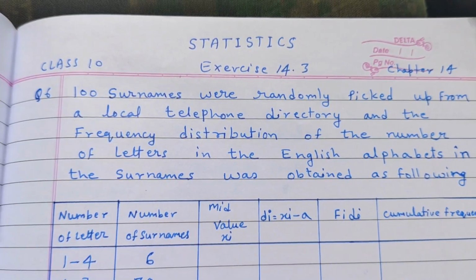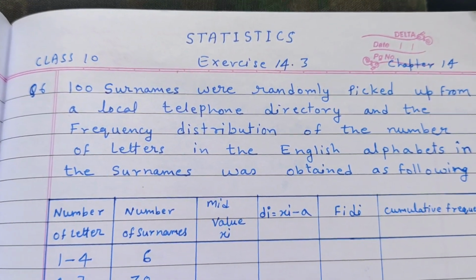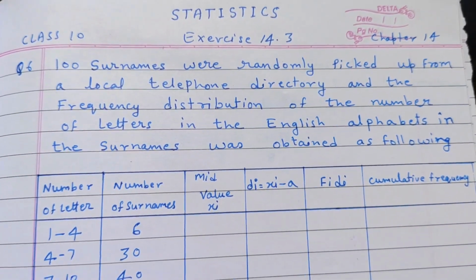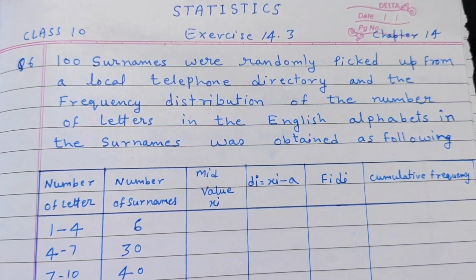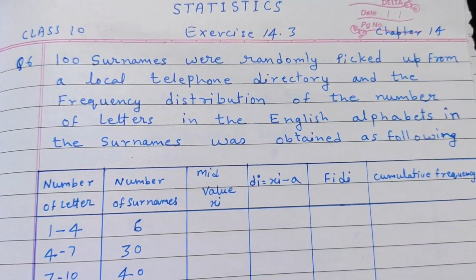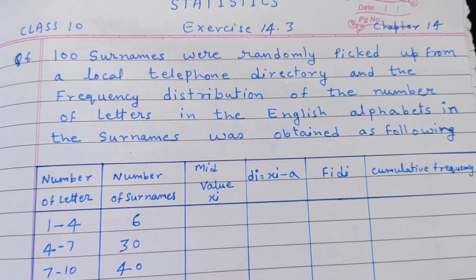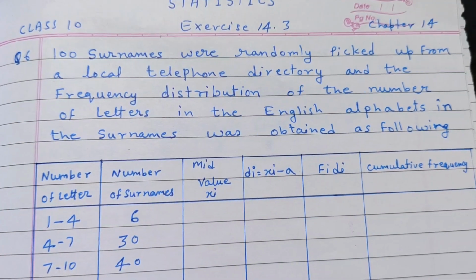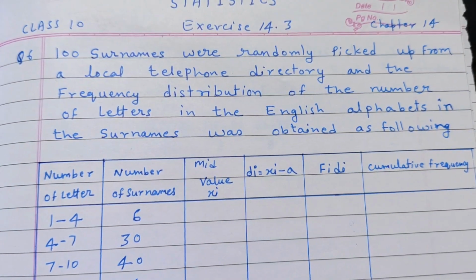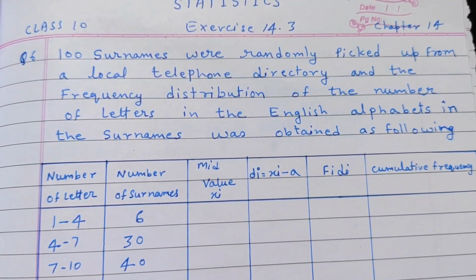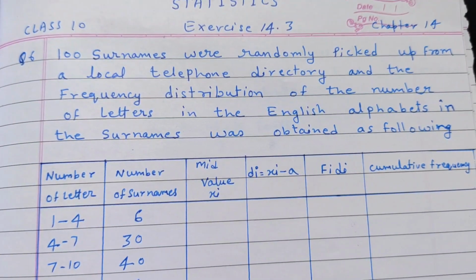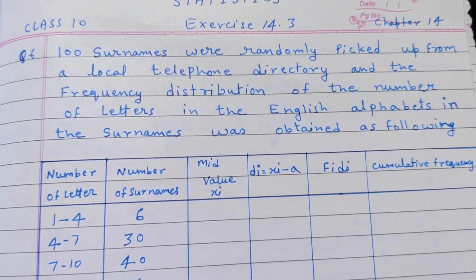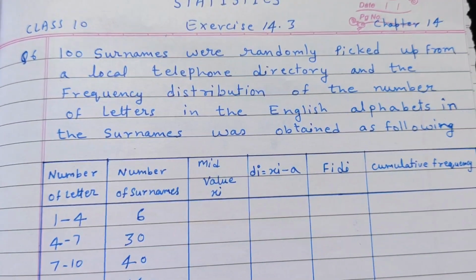Class 10th Statistics, exercise 14.3, chapter number 14, question number 6. 100 surnames were randomly picked up from a local telephone directory and the frequency distribution of the number of letters in the English alphabet in the surnames was obtained as follows.